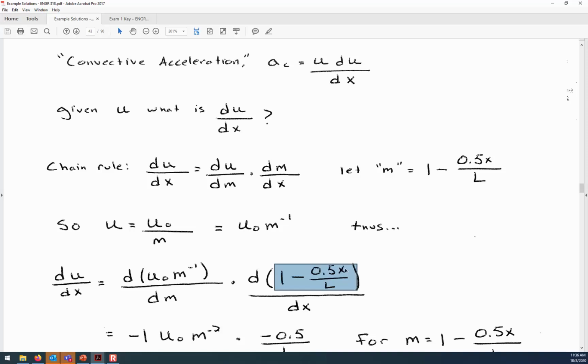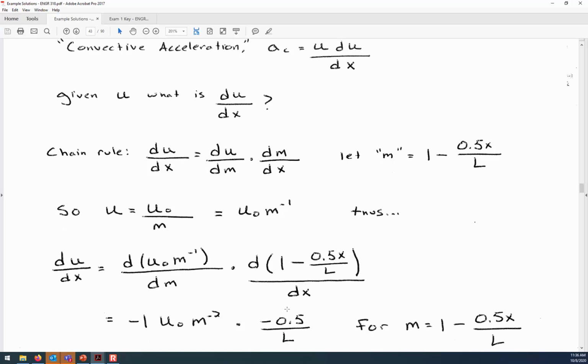So it was x to the first power, but now it's x to the 0 power. And so x to the 0 power is the same as just 1. So what that leaves us with in the second part of the chain is minus 0.5 divided by L. And this constant goes away when we're doing the derivative.